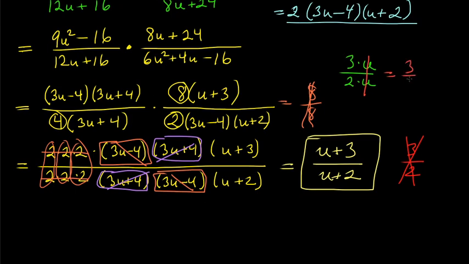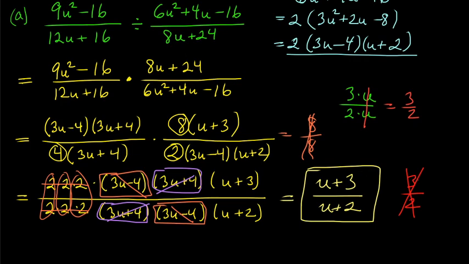This would just be 3 over 2. But because it's u plus 3, or 3 plus u over 2 plus u, because of the pluses, right, they're not factors. They don't cancel. Okay, so big difference between multiplying and adding, right? When you're multiplying, you can cancel. When you're adding, you cannot.